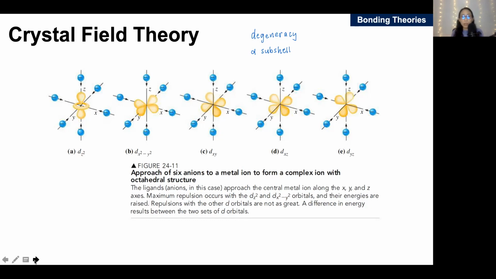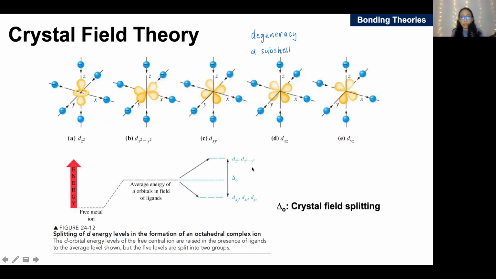So if we look at the energy levels, the degeneracy is lost. So the energies of the 5 d orbitals are no longer equal. So you have the z squared and x squared minus y squared having a higher energy, and compared to the initial energy level, xy, xz, and yz will have a lower energy than the initial, without the interaction with the ligands.